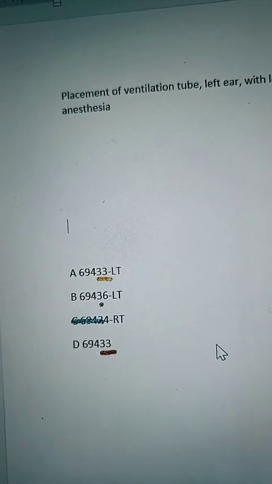So 69433, where? Not in the medicine section, but we're in the 6,000, 60,000s, whatever you want to call it. This section, the eye and ocular, seems to be lower scored than anything else, and it's consistent.